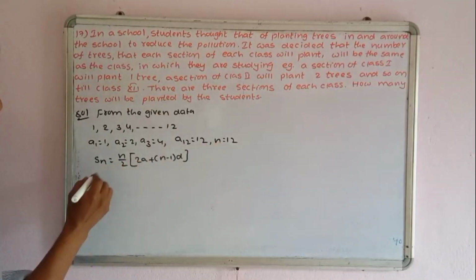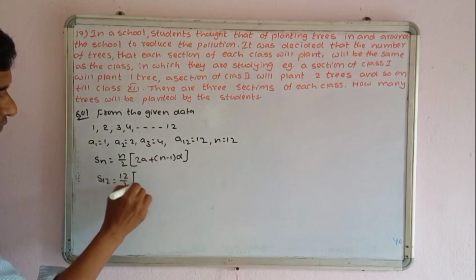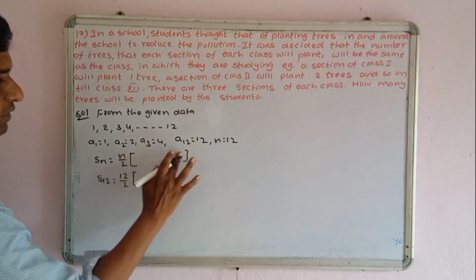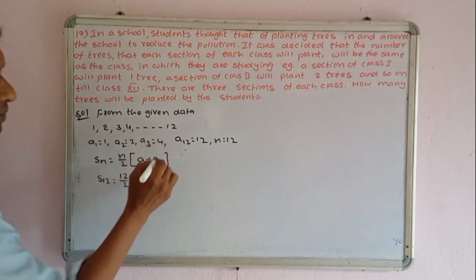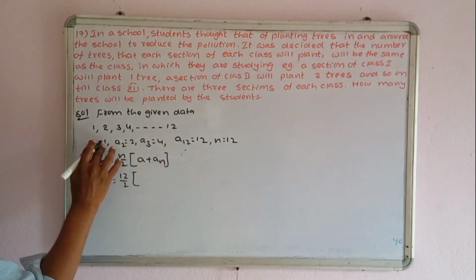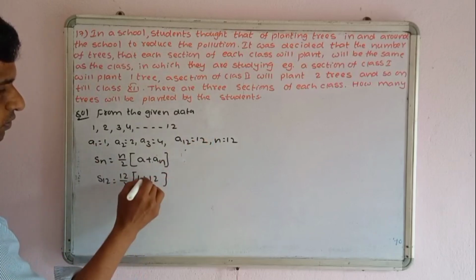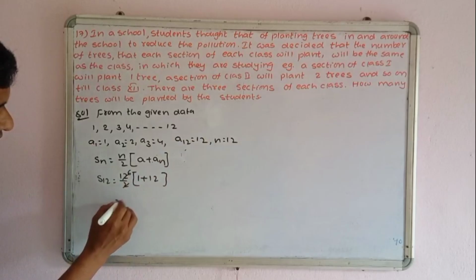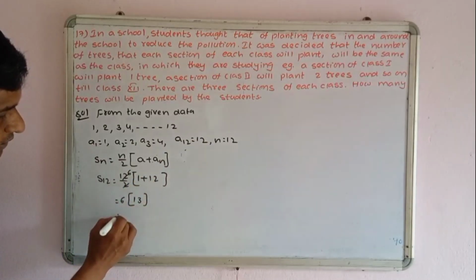So here n is 12, so S12 equals 12 by 2 into... observe that we have one more formula, Sn equals n by 2 into a plus an. Here a is nothing but a1, 1, an is nothing but 12. So 6 into 1 plus 12 is 13, 6 times 13 is 78.